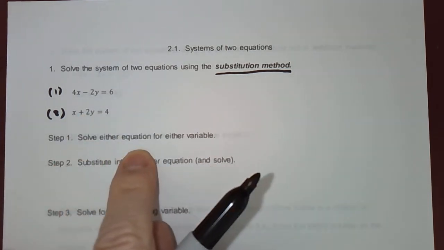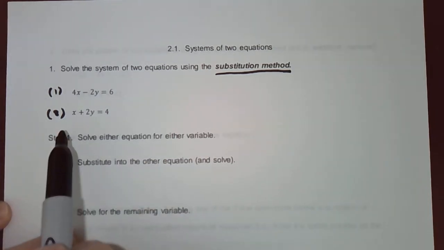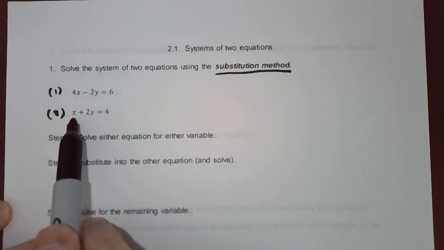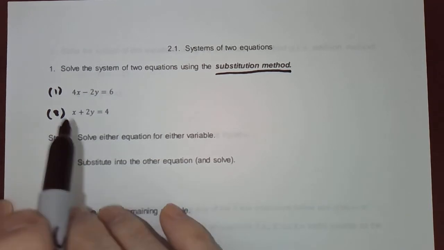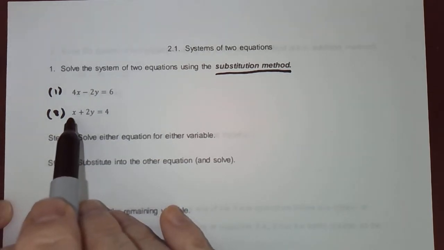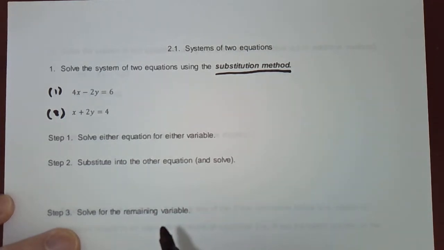Step 1, solve either equation for either variable. I'm going to choose the second equation and I'm going to solve for x. You may suspect why. You may be noticing that the coefficient of x is 1, and it just makes it one step simpler in solving it.